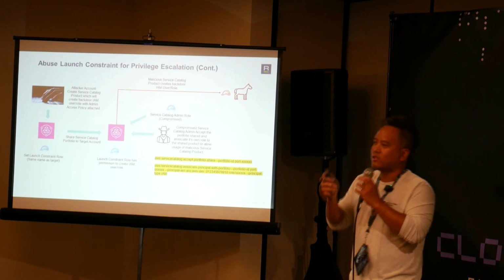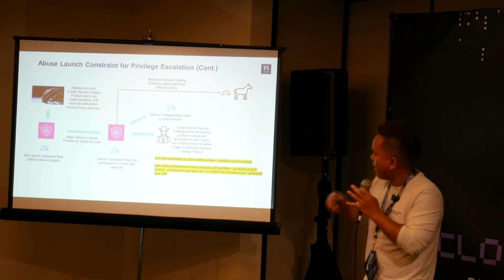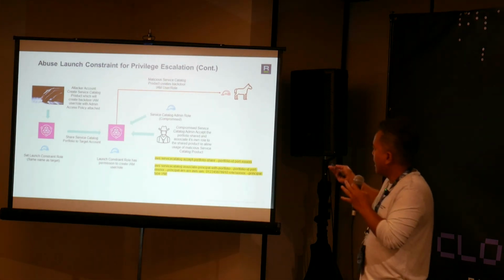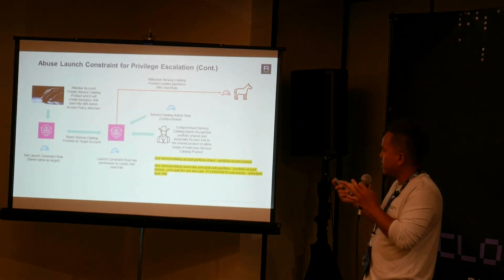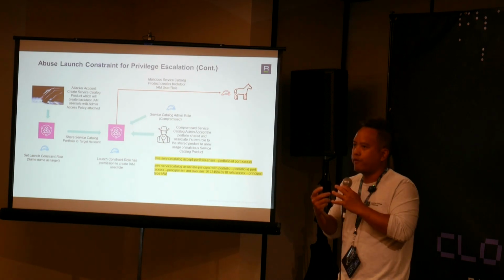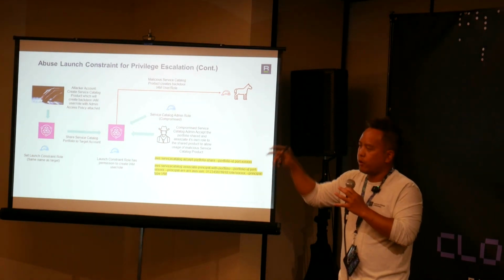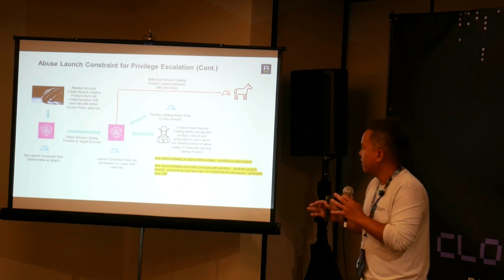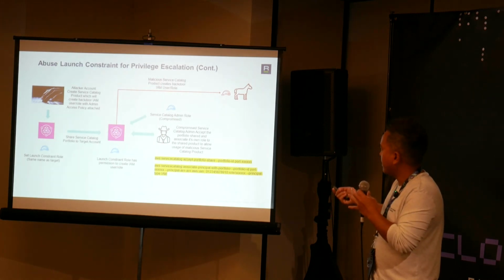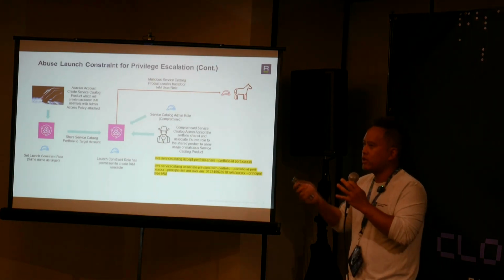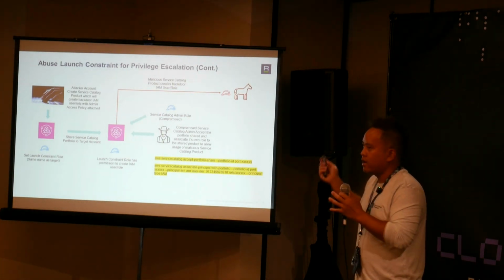Simple as that. They publish the portfolio to the target account, and then with the compromised account, they just accept the portfolio, the one that I told you about. Now that portfolio is available to the target account. What happens next? All they need to do is associate their account to that product, and they're in.